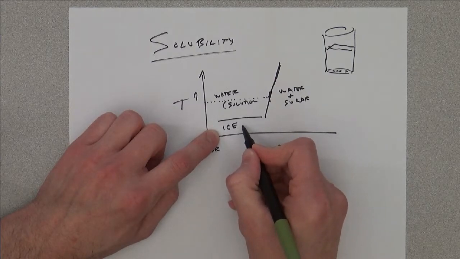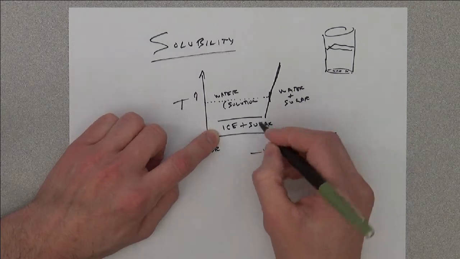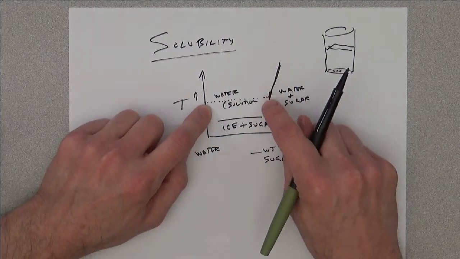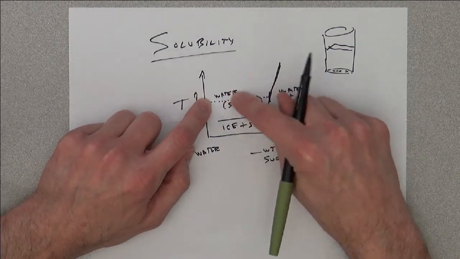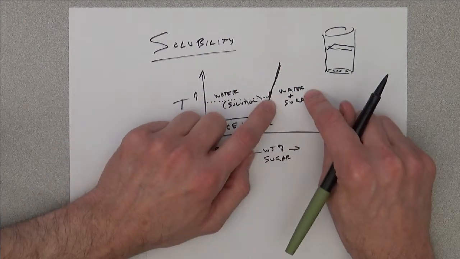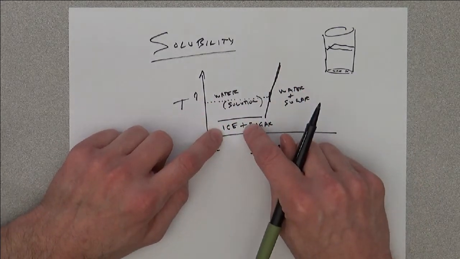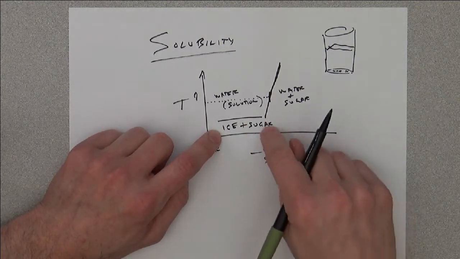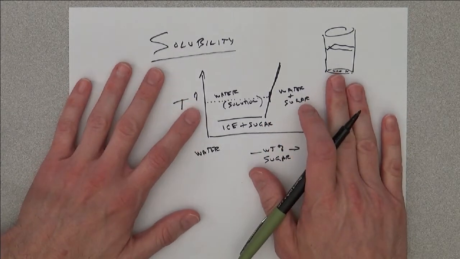It's probably going to be ice and sugar down here. But we're essentially then marking out regions of space. And in this space here, we have water and it's having sugar put into it. Here we have two phases, water and sugar. And here at the low temperature, we have ice and sugar. And that's kind of one picture of solubility.